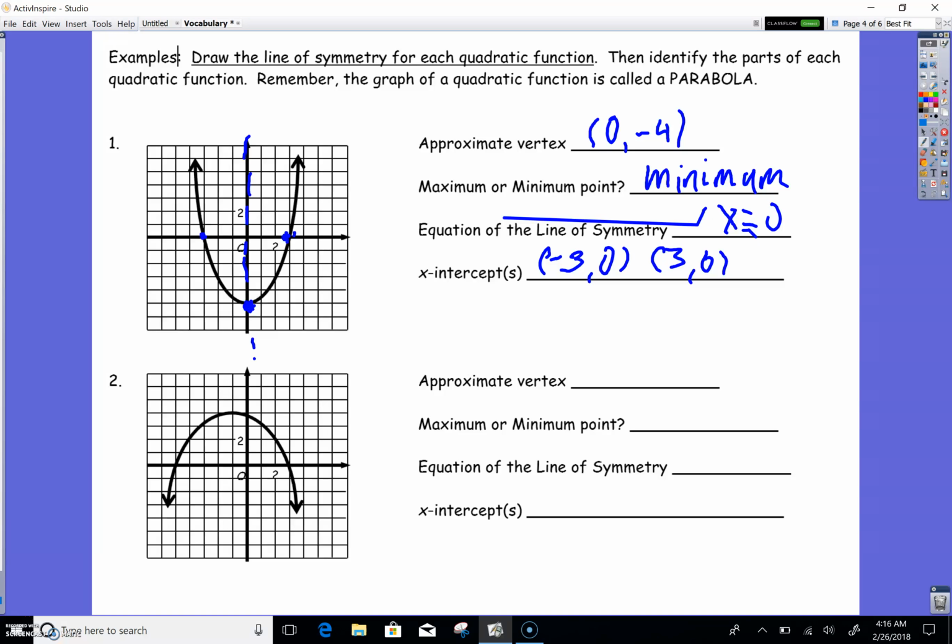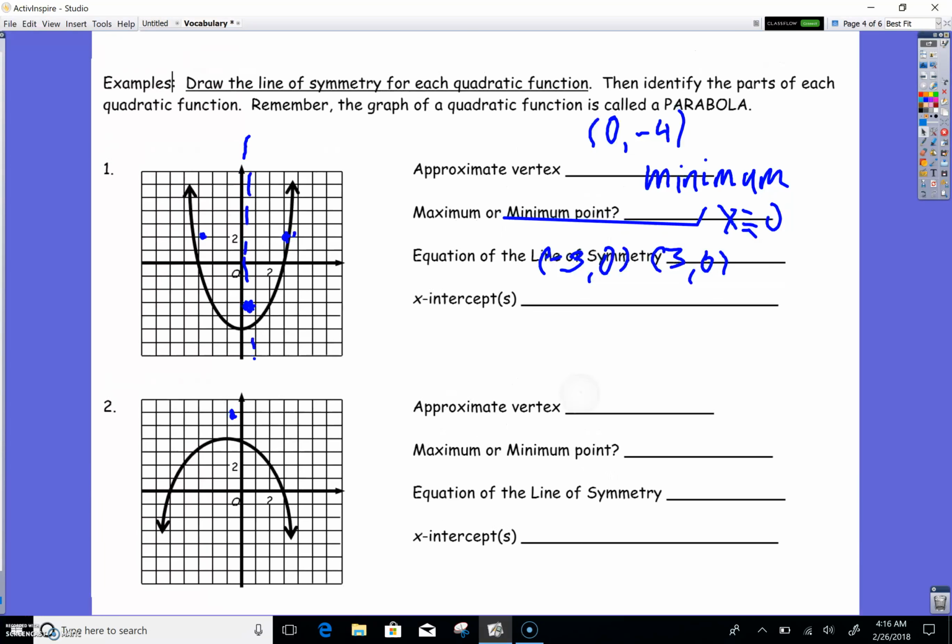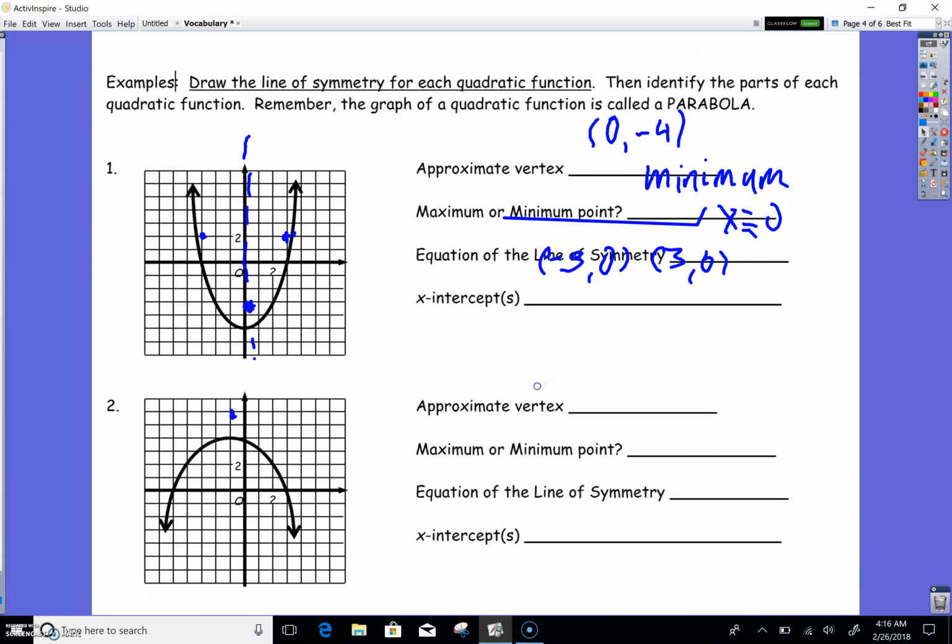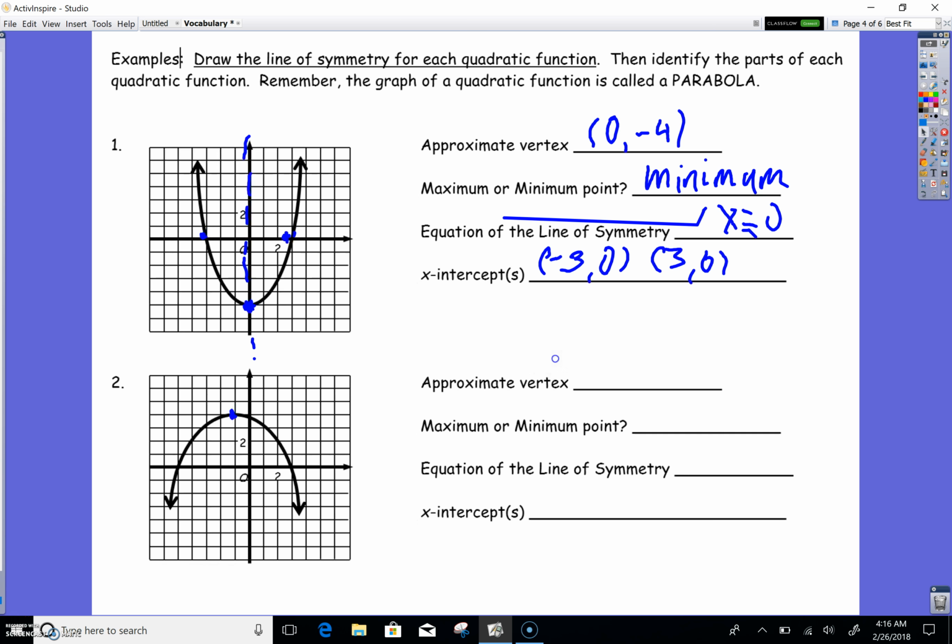Let's try one more together. Approximate vertex. If you look at it, it is -1, 1, 2, 3, 4. So it's -1, 4.